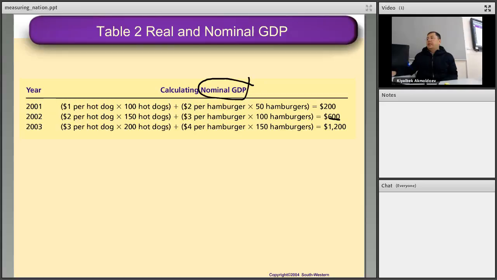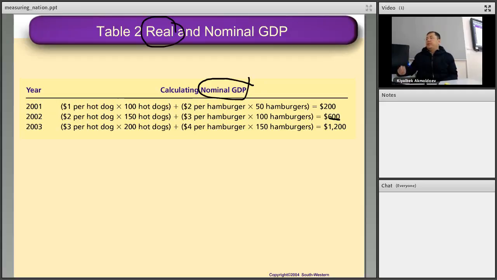So for example, 200 to 600, it increases how many times? 3 times. So did this 600 increase because we produced more goods and services than the previous year, or is this increase only because of price? This 600 includes both of them, price effect and quantity effect together.